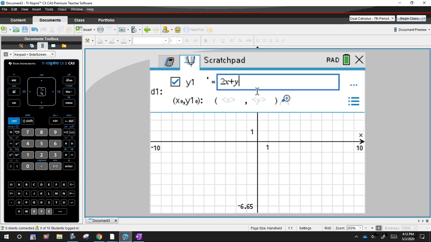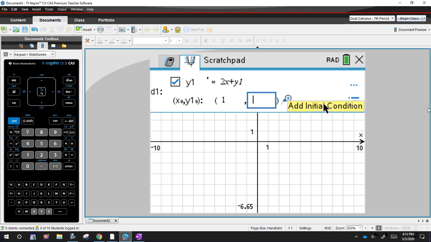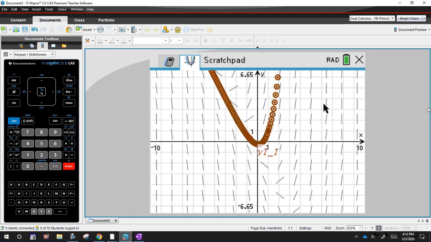I'm going to use y1, because if I don't put the 1, it's not going to recognize that this and this go together. So we're going to use that as our equation. Then I have an initial condition of (1, 1). We press enter, and it gives me my nice slope field with my approximation right here.